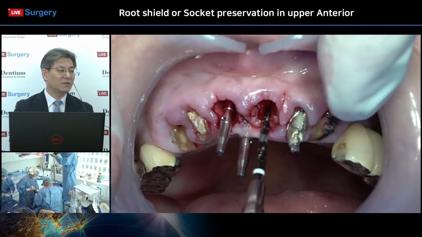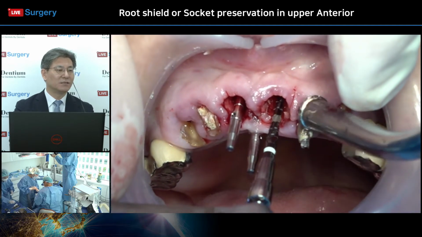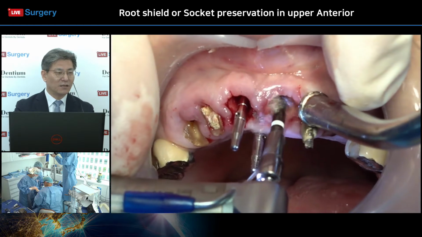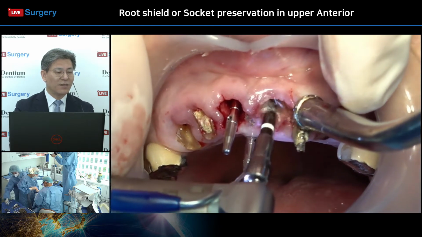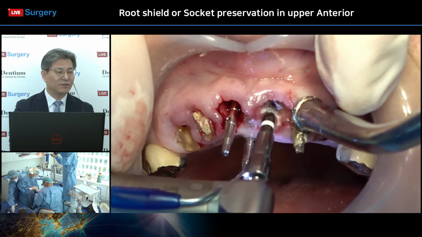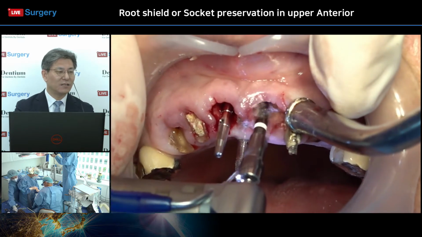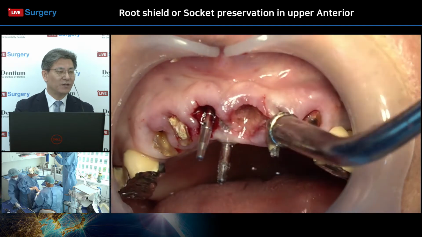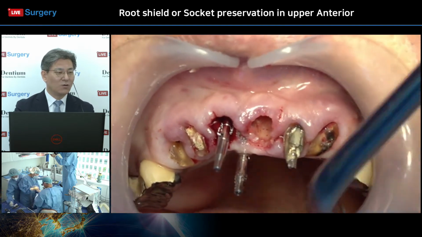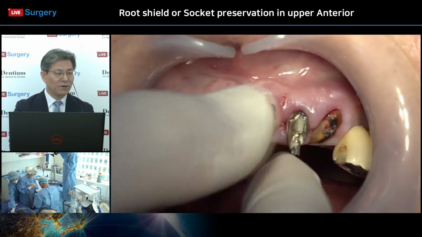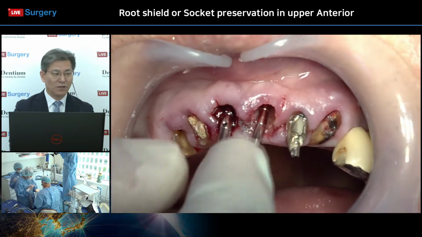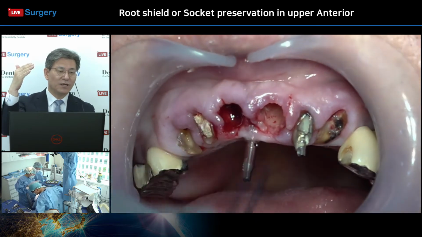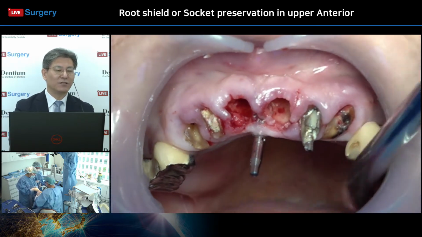Okay, so try another socket with the same method, 1000 RPM with irrigation, the Lindemann guided drill, and the entry point 7 to 8 millimeters below the top portion of the palatal socket wall.